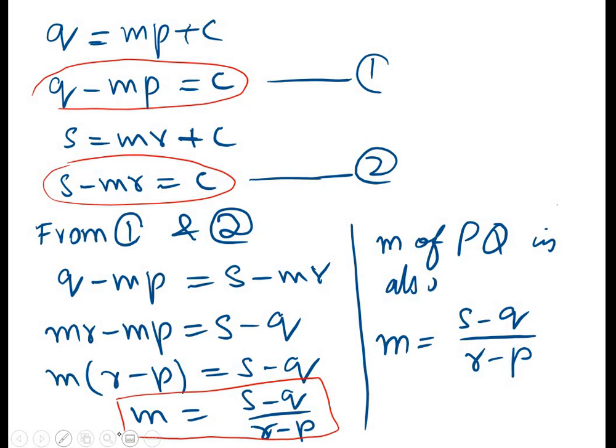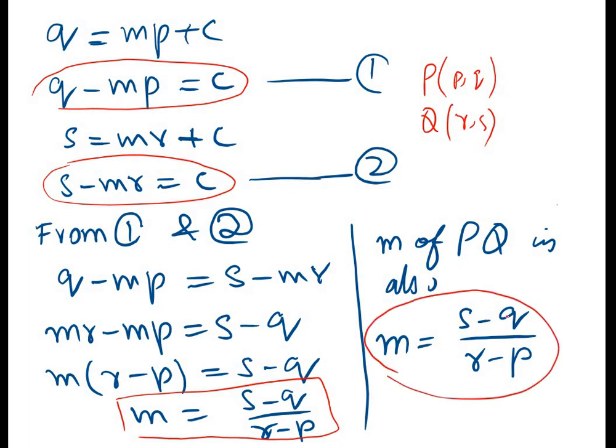We need to find m in terms of the points P and Q, where the point P was (p, q) and the point Q was (r, s). That's why we took out c and compared the values, so that we don't have c when finding m.